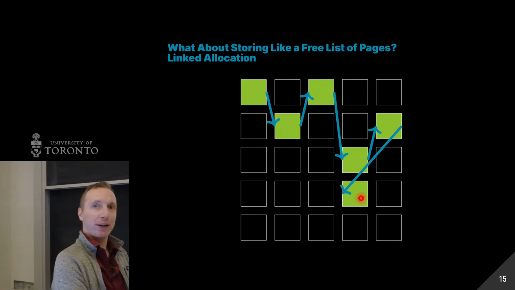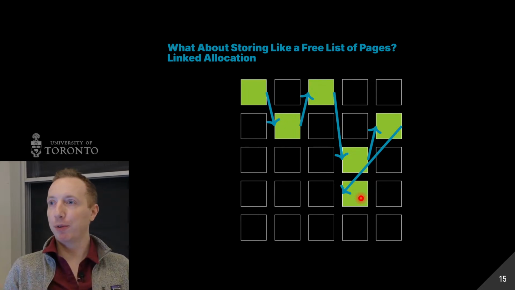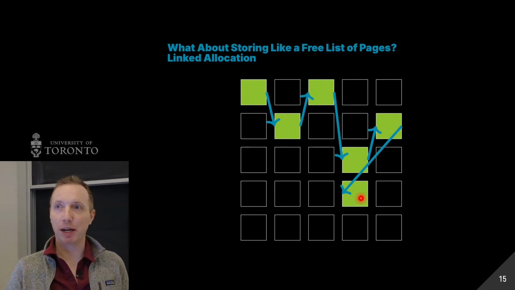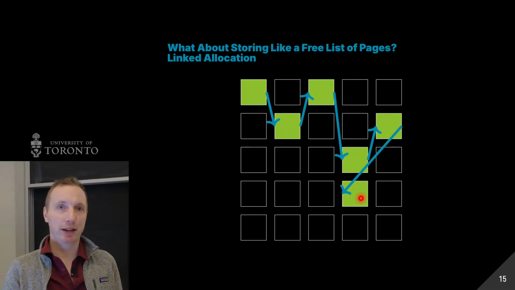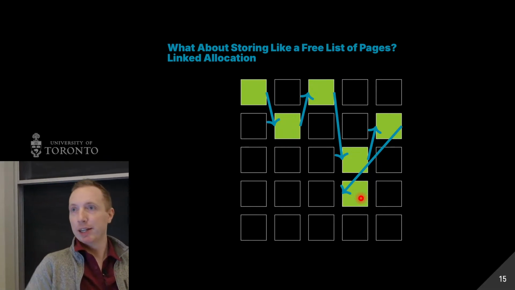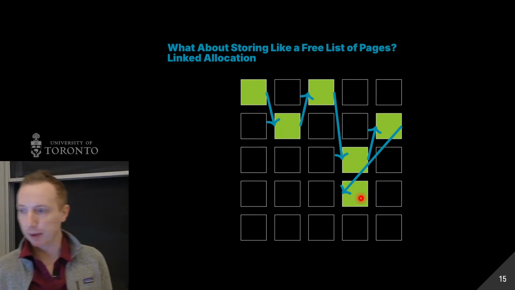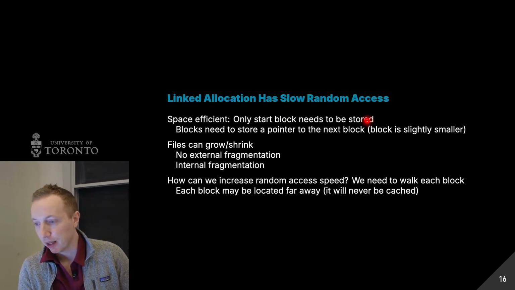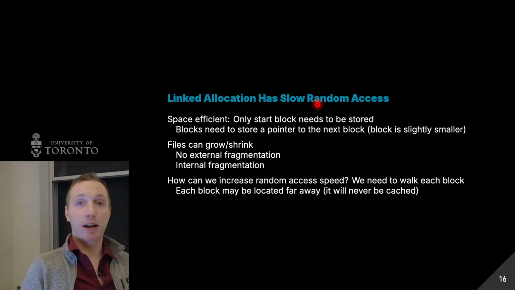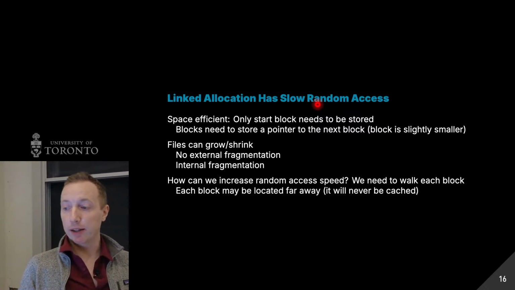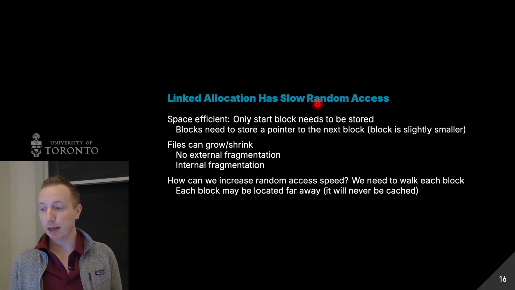So this fixes that external fragmentation problem, right? One block is now as good as any other block. I don't need to store a file contiguously. As long as there's a block free, I can use it and just point to it. The nice thing about this is it's space efficient. To describe the contents of a file, I only need to say what the starting block is.